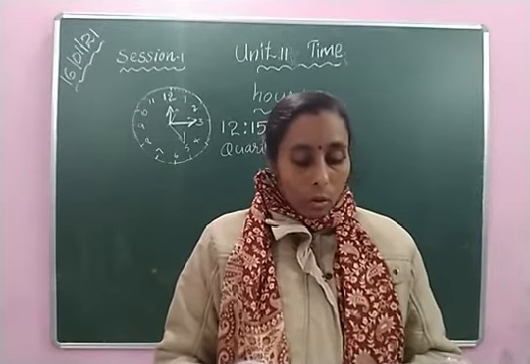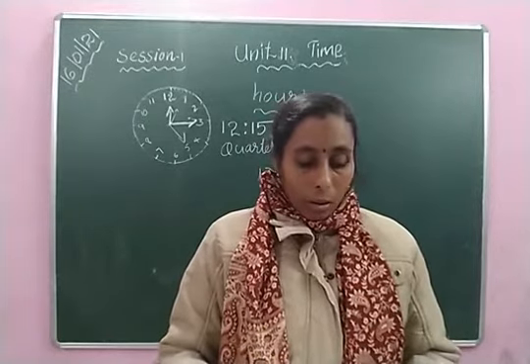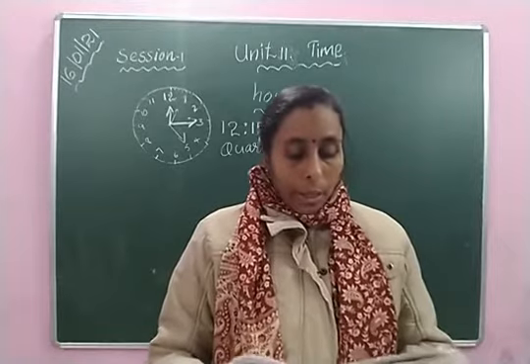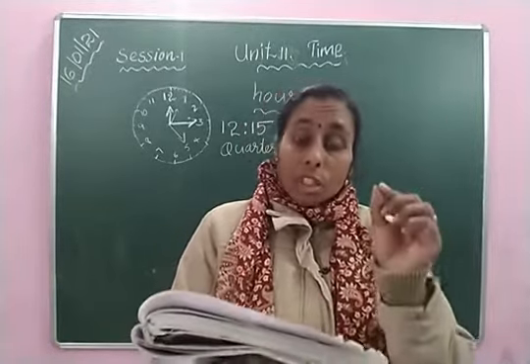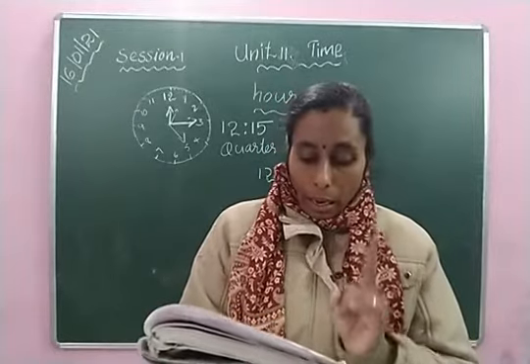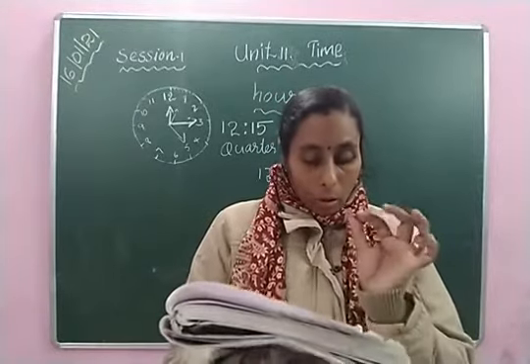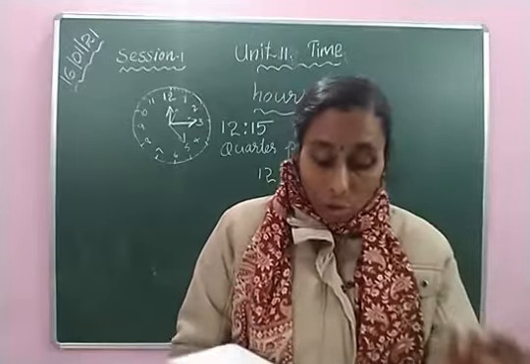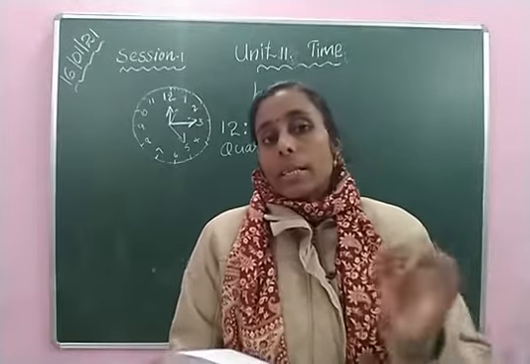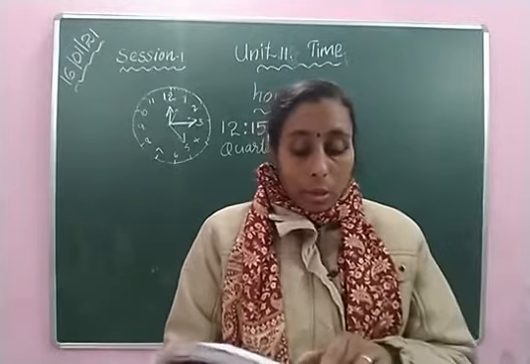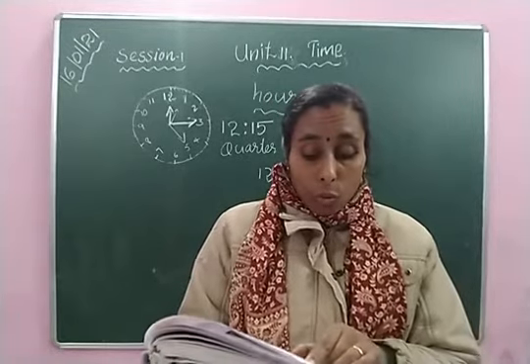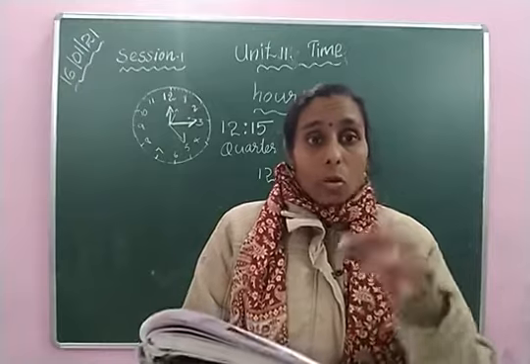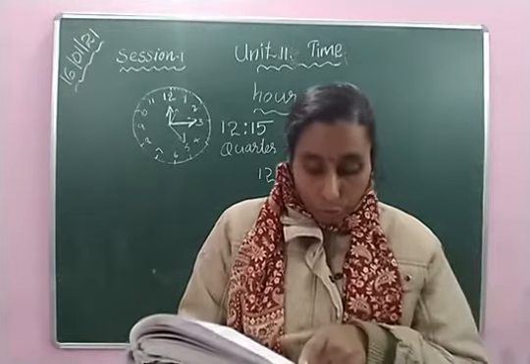In the first clock, the short hand is between 4 and 5 and the long hand is approaching 6. The long hand is going to touch 6, so it is about 4:30.